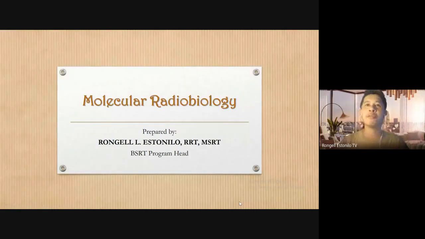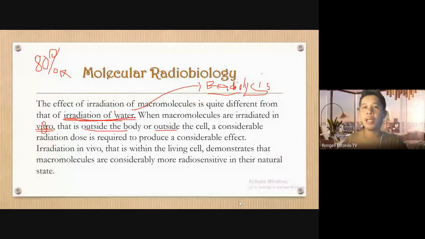We have the proteins, the nucleic acids, lipids, and carbohydrates, and the fifth one, which is water. These are the 5 major molecules of the human body. Macromolecules, in a sense that their structure is quite complex, while water is simple lang, H2O. So the effect of irradiation of macromolecules is quite different from that of water.